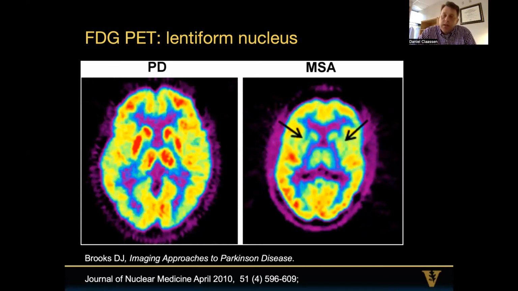So you might see a patient that has reduced function of that part of the brain. You may not see structural changes necessarily initially, but that part of the brain is not working well. And so that's also useful for potentially diagnosis and also tracking disease progression in patients with MSA.